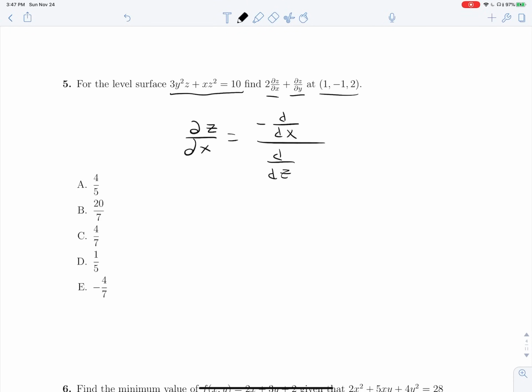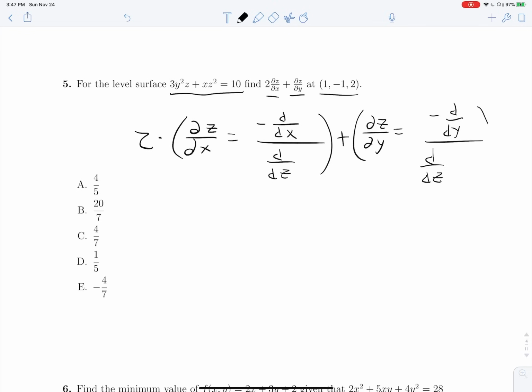And in the same way, we know that partial z partial y is going to be minus dy over dz. And so all we have to do is take 2 times this thing and add that thing, and then we will be good. So let's set this up.